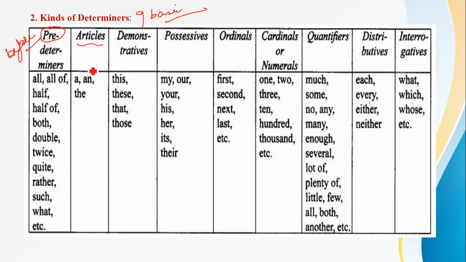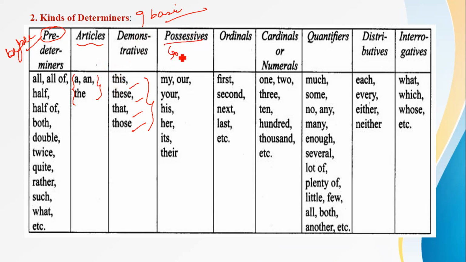All of us have been studying these articles since we were in class 3 or 4. A, an, and the, these 3 are articles. They are also determiners. Next we have demonstratives. This, that, these, and those. These are demonstratives. In the upcoming slide we're going to study the use of each and every demonstrative, so need not worry about that.